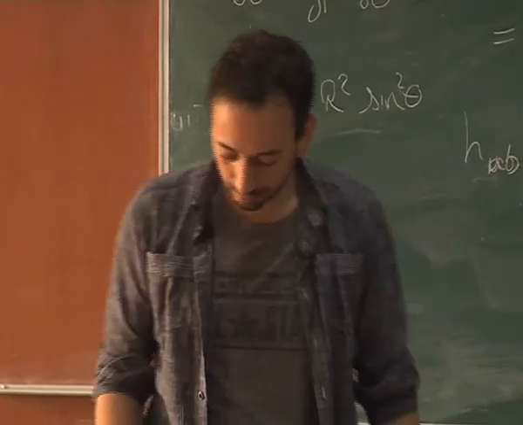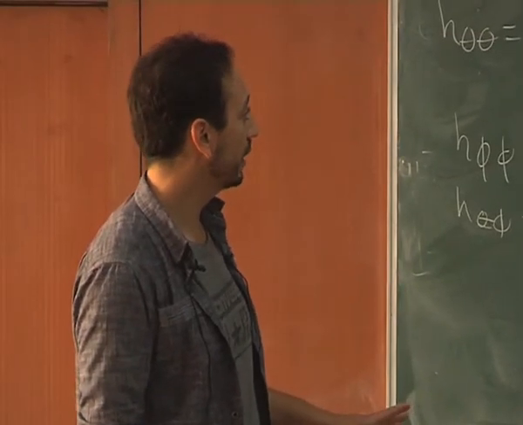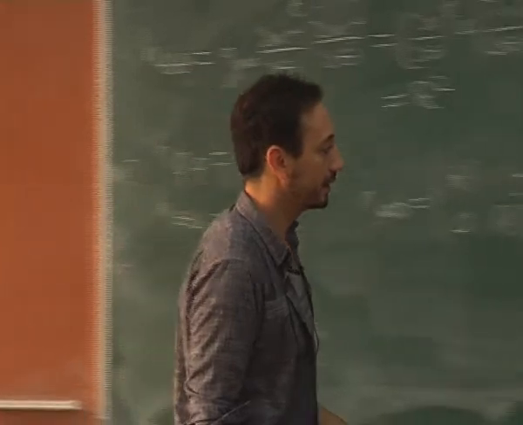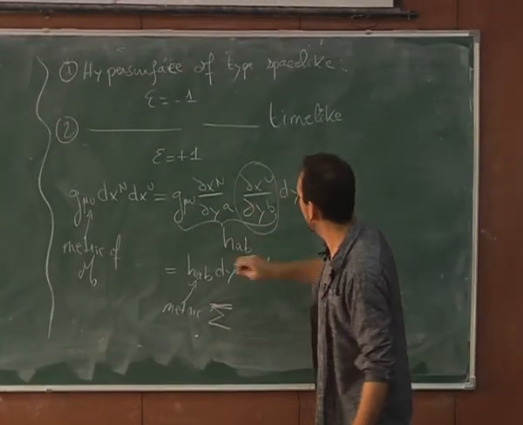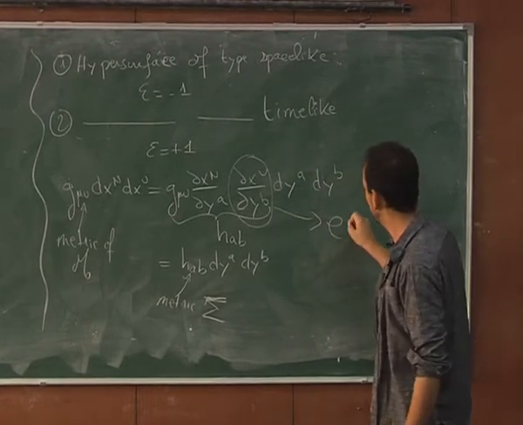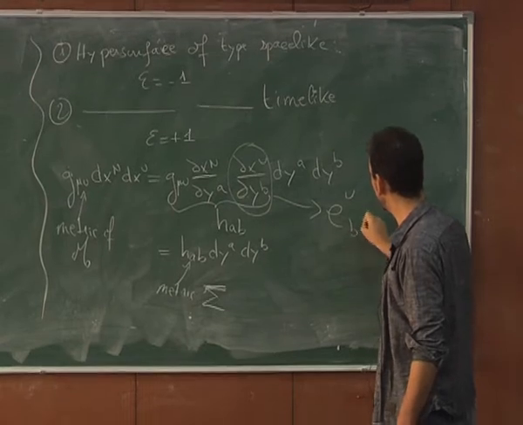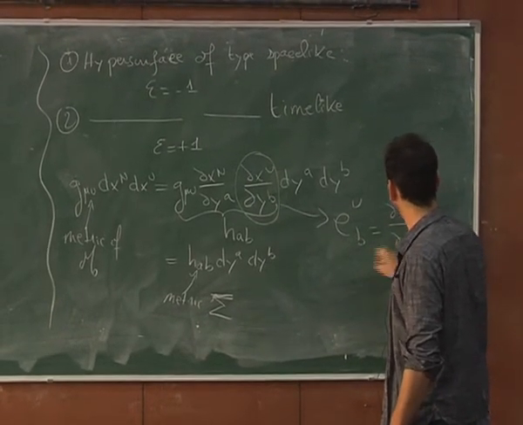Okay, and so the way to see it is to say that these objects here are like projectors. People write them as e^ν_B, which is dx^ν over dy^b.